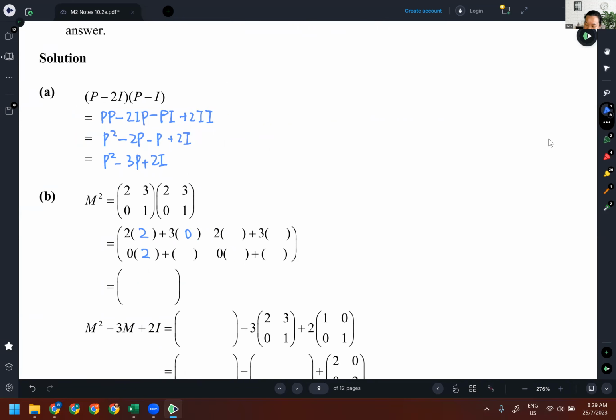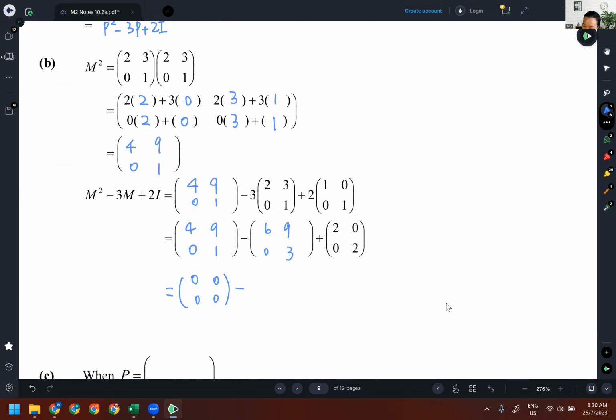So M squared minus 3M plus 2I: that is 4, 0, 9, 1, minus 6, 0, 9, 3, plus 2I. And then you get 0, 0, 0, 0. It is equal to the zero matrix, and when you write the zero matrix, you write it like that.